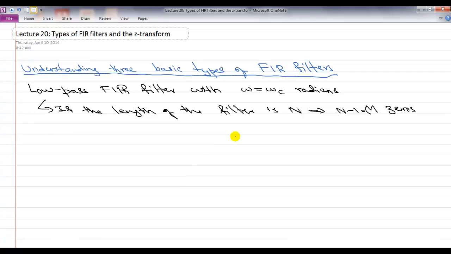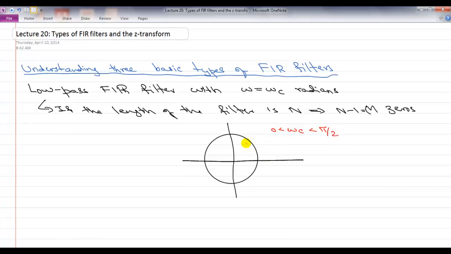Now, where will those zeros be placed as a general principle if you have a low-pass FIR filter? I'll take the example that omega c right now is some number between 0 and pi by 2. So this is your omega c, and this is minus omega c. Since the zeros pull down the response of your FIR filter, most of the zeros you will see on the unit circle in the region outside the minus omega c to omega c region.